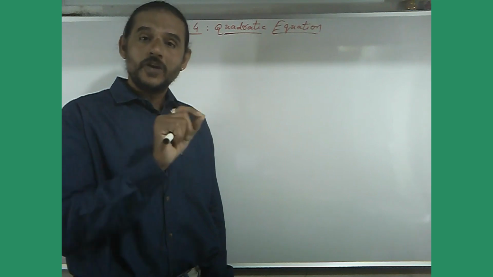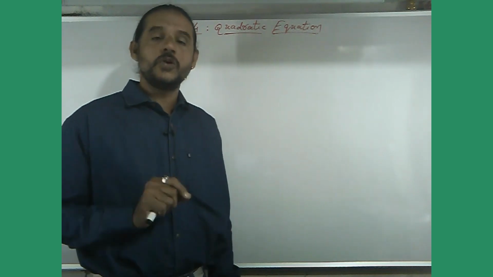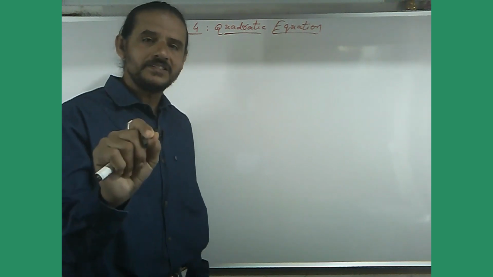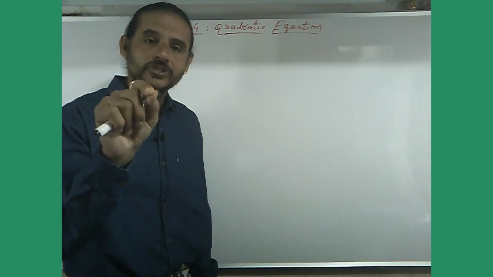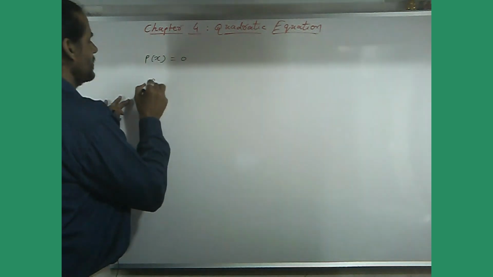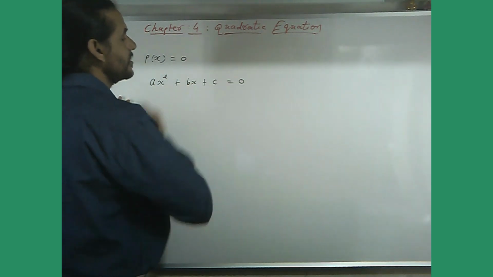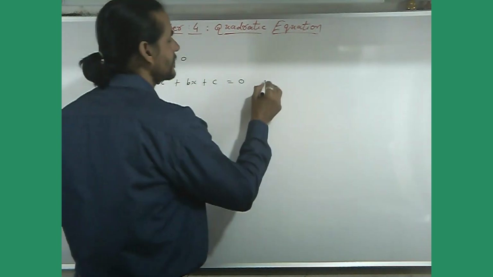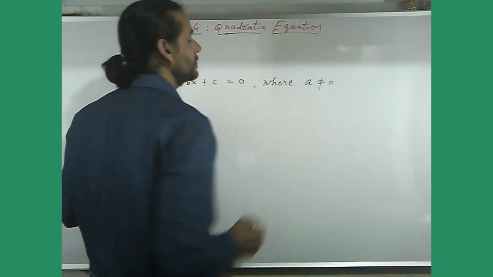But when we write the terms of p of x in descending order of their degrees, we get the standard form of quadratic equation, and that is ax square plus bx plus c is equal to 0, where a is not equal to 0.